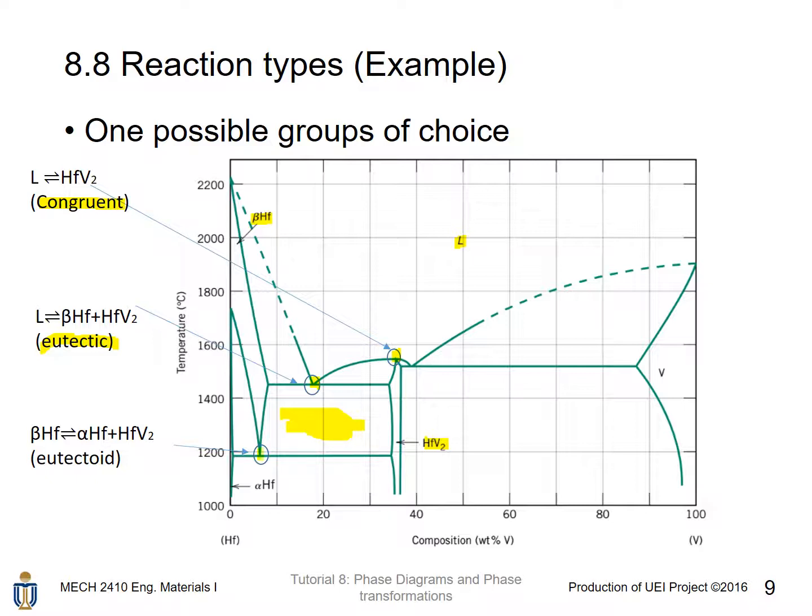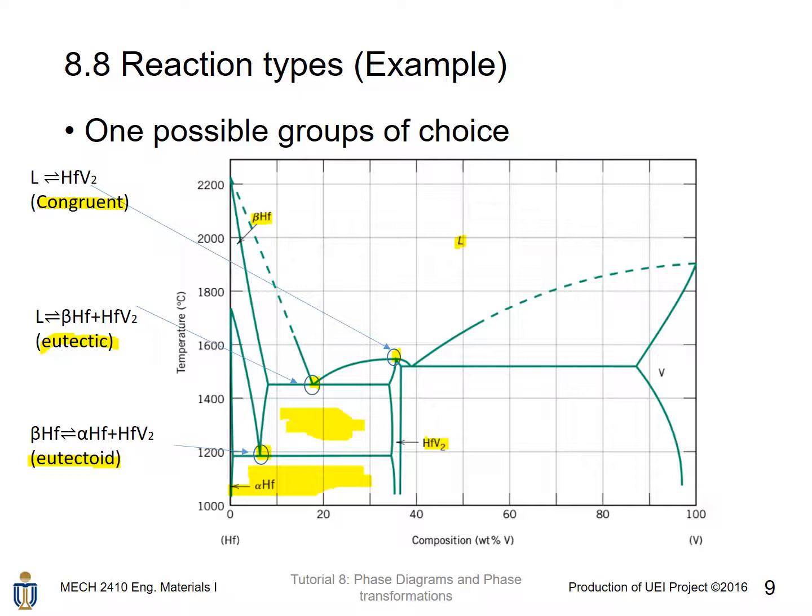At this point, it is the eutectoid reaction. Just above this point, it is 100% beta hafnium solid phase. And just below this point, it is also in another region which is unlabeled.